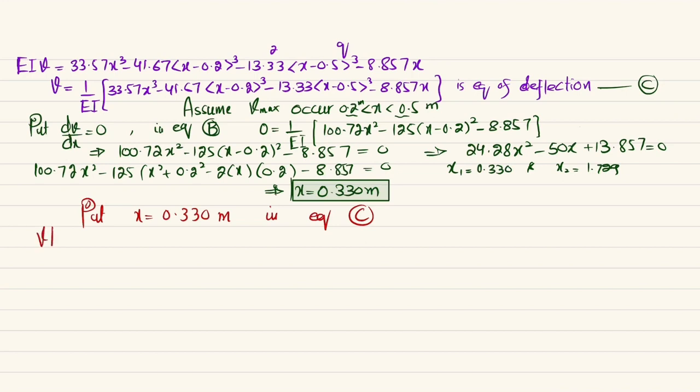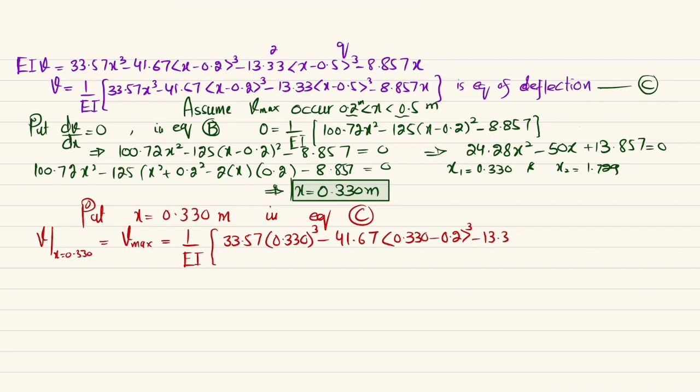So the deflection V at x equal to 0.330 will be equal to Vmax, because at this position the deflection will be maximum, and we will get 1 over EI into 33.57 into 0.330 cube minus 41.67 into (0.330 minus 0.2) cube minus 13.33 into (0.330 minus 0.5) whole cube minus 8.857 into 0.330.